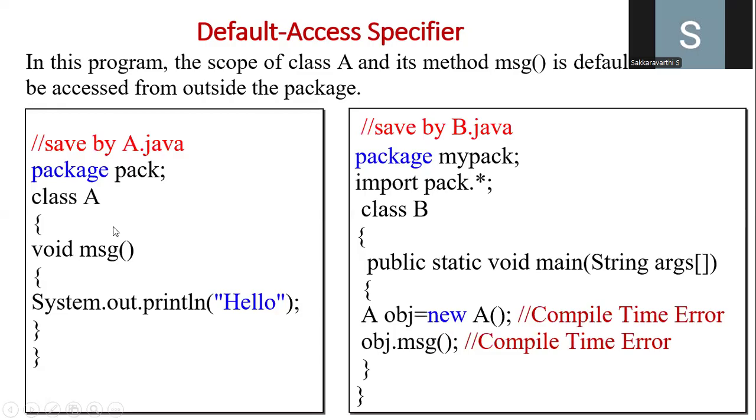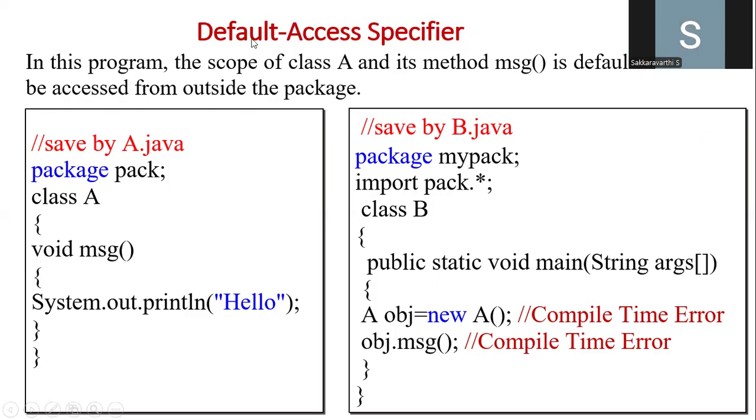Now the class A belongs to the package pack, and on the right side, class B belongs to the package mypack. I am importing the package pack in the B class with import pack.*, and I am trying to access the class A present in the package pack from mypack.